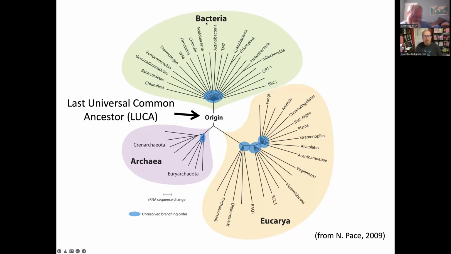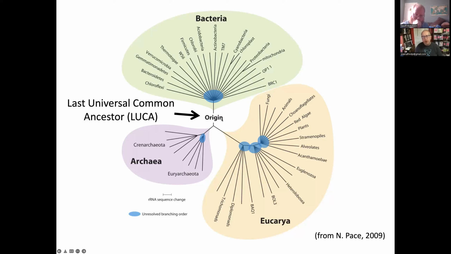So we have the bacteria, single-celled organisms lacking nuclei, the archaea, a different group of single-celled organisms also lacking nuclei, and then the eukaryotes here. These are organisms with nuclei. Of course, we're on this branch here, the animals. And the last universal common ancestor is here.